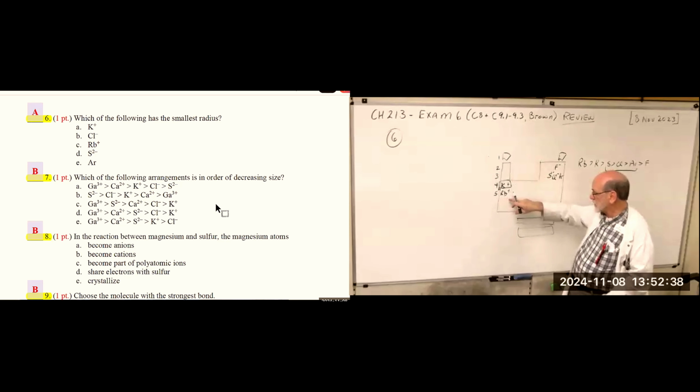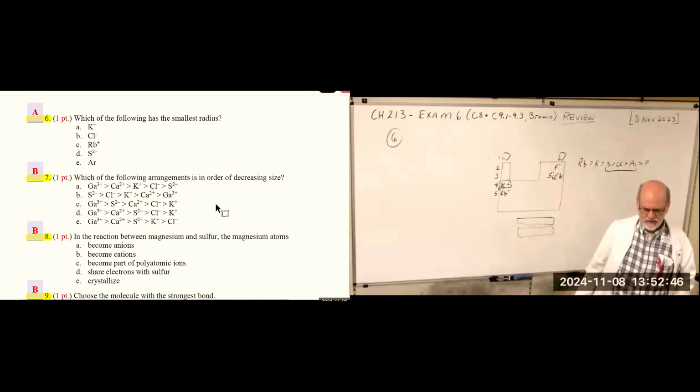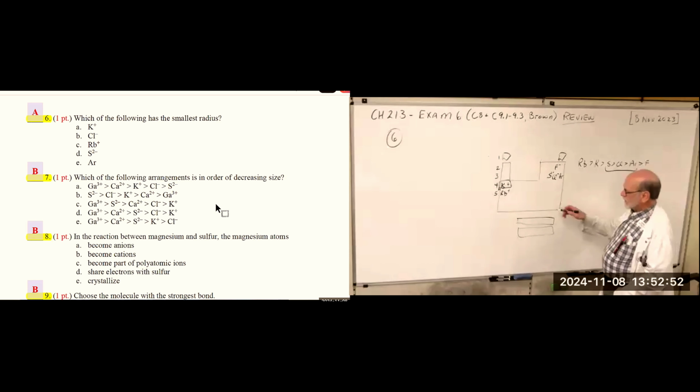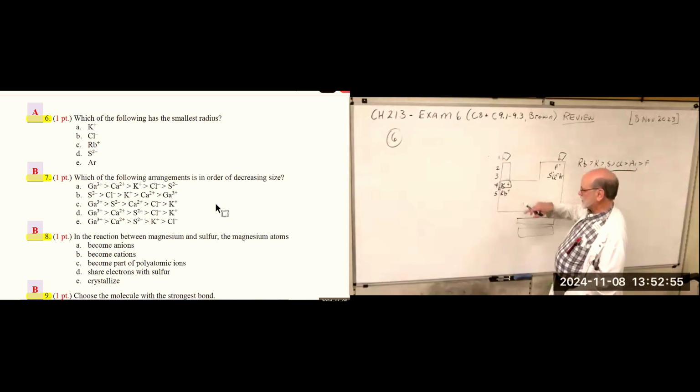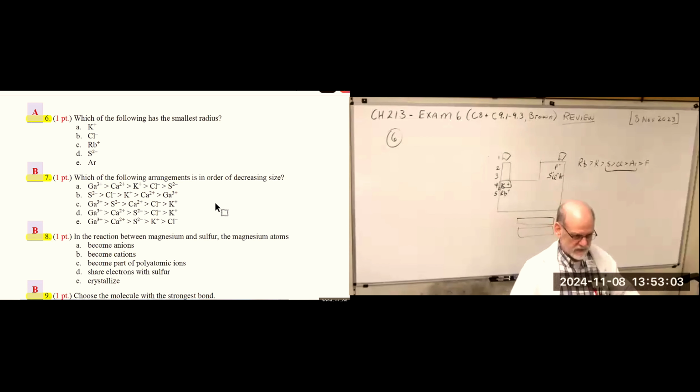This one has more protons still, but they're in the 4th. It does have some shielding. I know that's not a very good explanation, but it's the best I can do. So this is the smallest radius, potassium. The only way to verify that is to get the hard numbers and compare them. We're trying to rationalize it at this point.